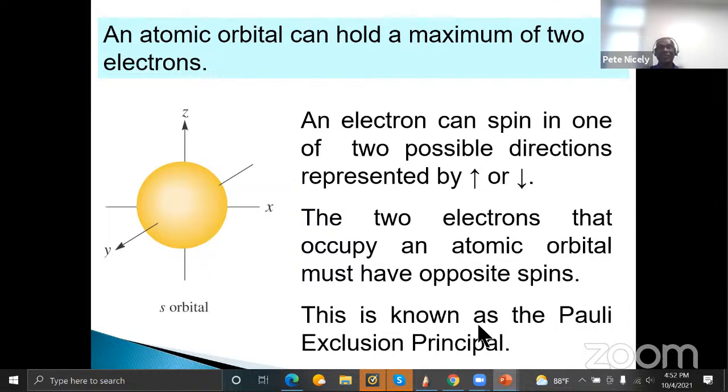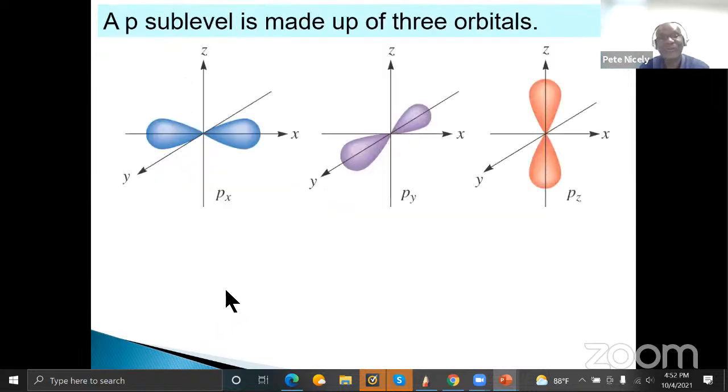And this is known as the Pauli exclusion principle, which you really don't need to know at this level, but for those of you who plan to do Chem 1, you're going to encounter that discussion as well. So in this particular s orbital, you have 1 electron spinning in one direction and the other electron spinning in the opposite direction, and they're represented by these arrows pointing in opposite directions. Okay, so that is basically the situation for the s orbital.